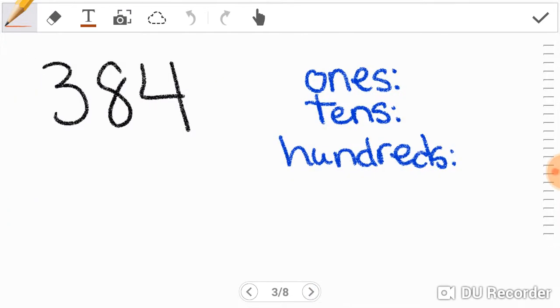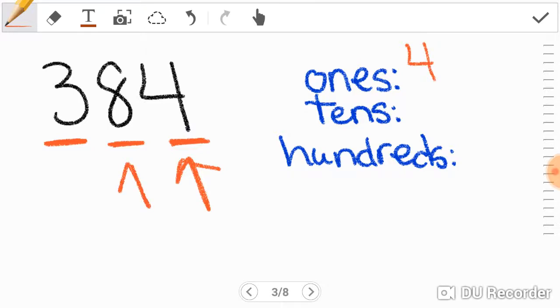So let's look at now a three-digit number. So now we learn this is the ones position, this is the tens position, and now this is the hundreds position. 384 is made up of 3 digits, which each digit has its own value. In the ones position, we have a 4. We have 4 ones.